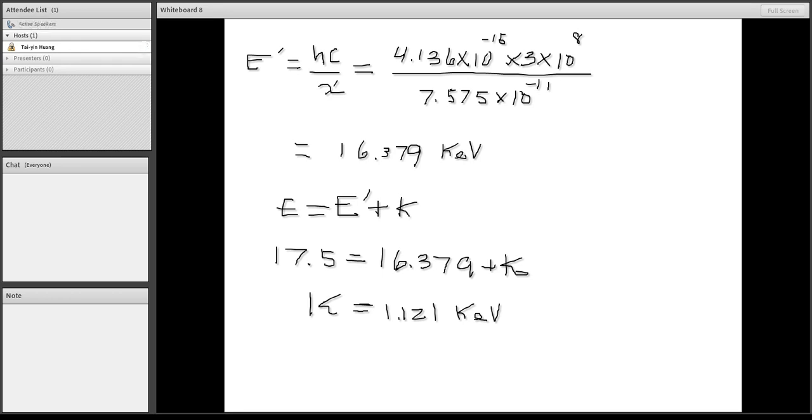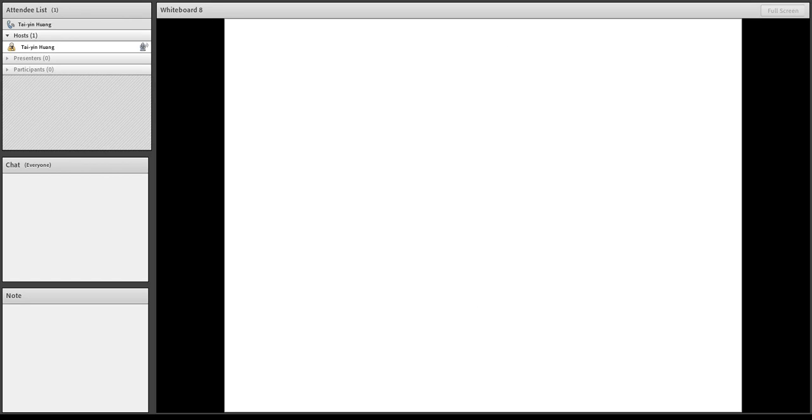Okay? And the next problem that we want to discuss is problem 55. If the de Broglie wavelength of a proton is 100 femtometer, what is the speed of the proton, and through what electric potential will the proton have to be accelerated to acquire this speed?